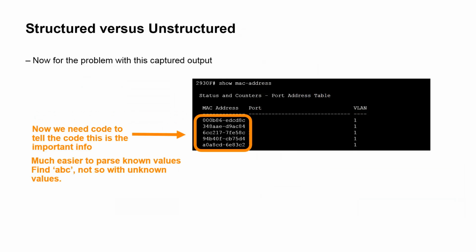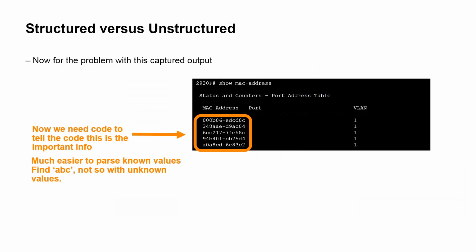Okay, so as I mentioned, what we need to do is write code so that a device can parse that information, okay? And one of the things about writing the code to parse that information is that it is much easier if it's a known value. You can do a kind of if lookup on a certain value if you know that it's going to be there.